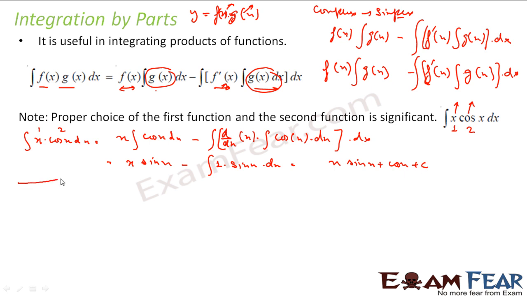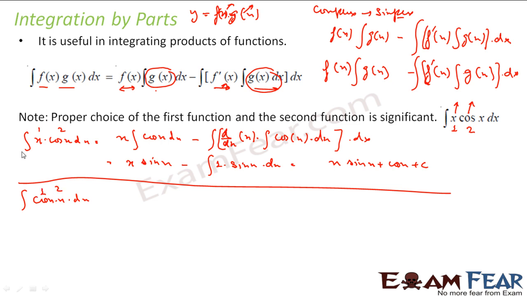Now let's see the same thing. I'll pick this time cos x times x dx. Here my cos x is the first function and x is the second function. So this becomes cos x times the integration of x dx, minus d by dx of cos x times the integration of x dx, the whole thing again integrated.